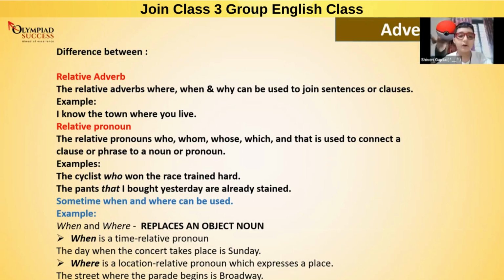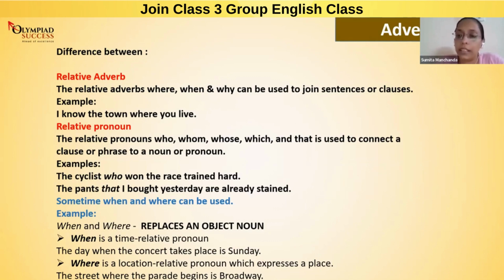Relative adverbs are where, when, and why, and relative pronouns are who, whom, whose, which, and that. Good. Now, Shivin, can you tell me, when and where are also used as relative pronouns. It's written over there sometimes. So how will you understand that when and where used in a sentence is a relative pronoun or a relative adverb?